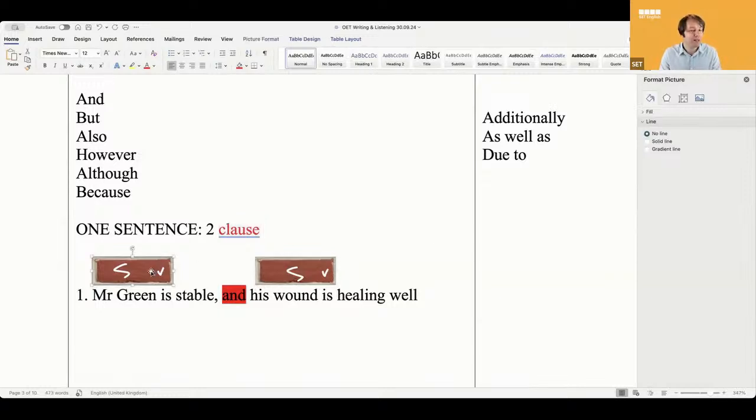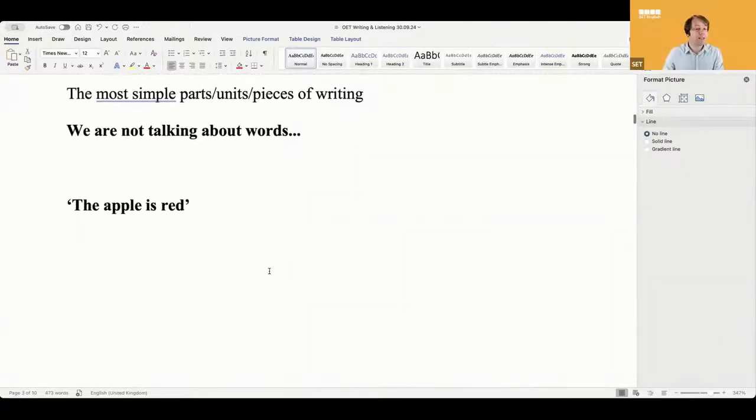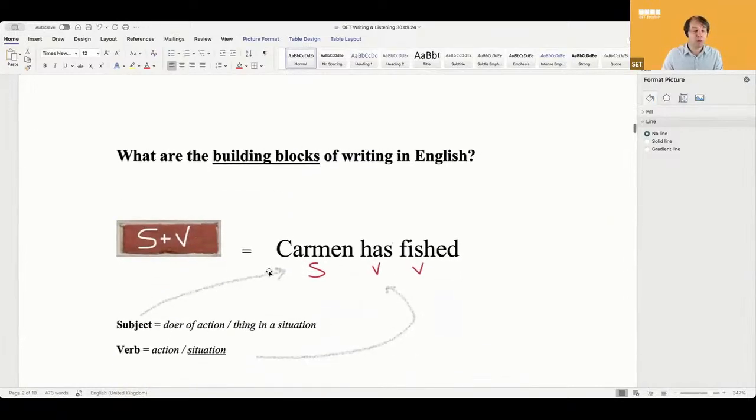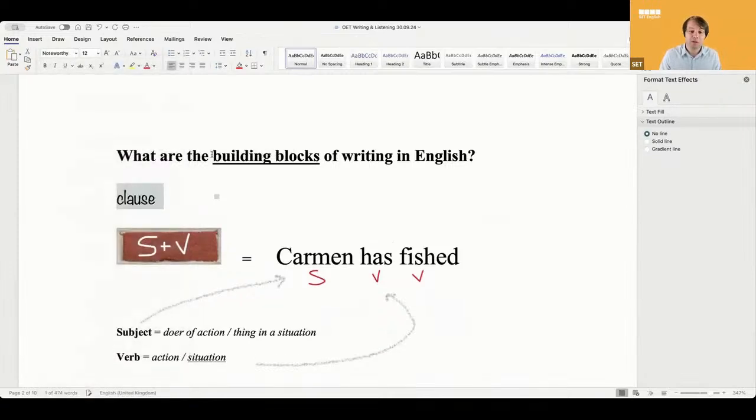Does this make sense, everyone? Clause. Yes. So the answer is actually clause. The building blocks of English sentences are clauses.